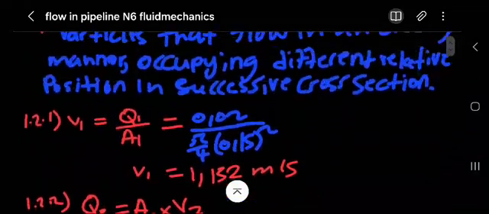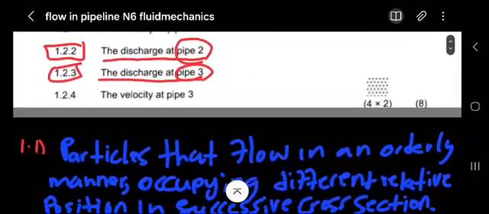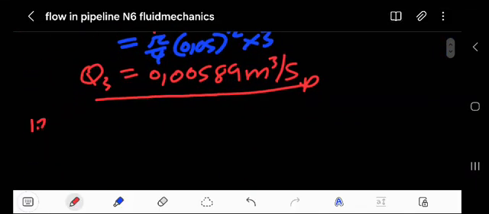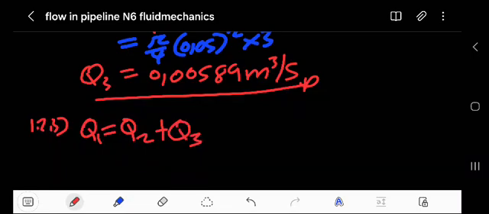So for 1.2.3, Q1 equals Q2 plus Q3, and they want Q2. If we make it the subject, Q2 is Q1 minus Q3.